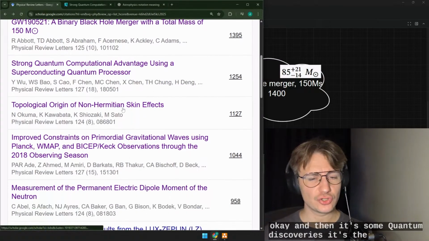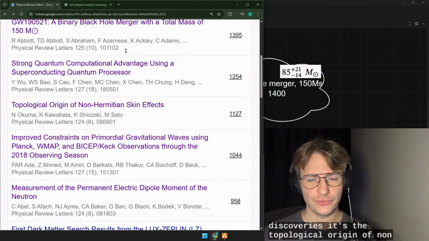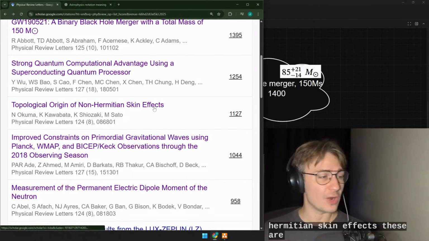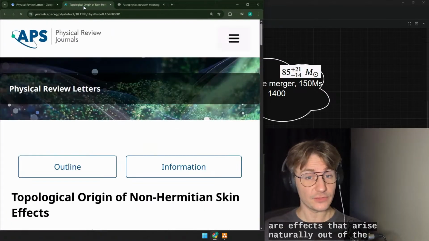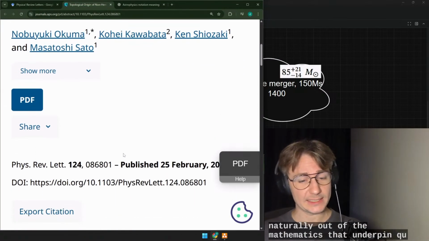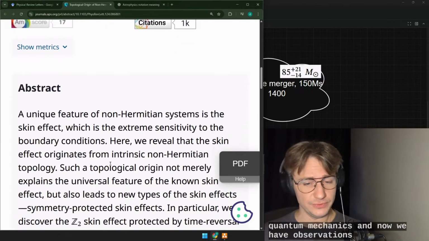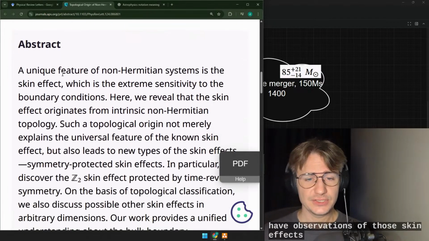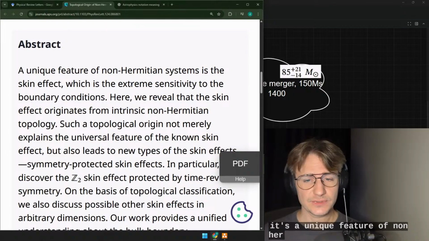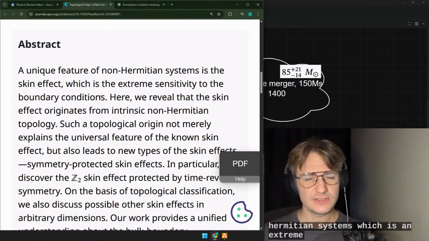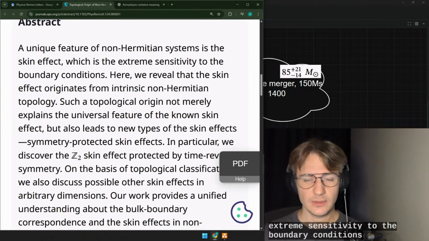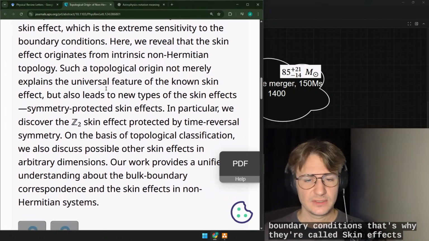It's the topological origin of non-Hermitian skin effects. These are effects that arise naturally out of the mathematics that underpin quantum mechanics, and now we have observations of those skin effects. It's a unique feature of non-Hermitian systems, which is an extreme sensitivity to the boundary conditions. That's why they're called skin effects.